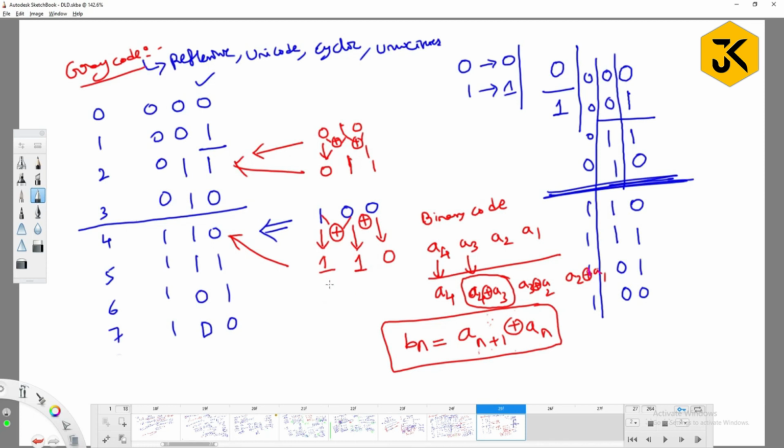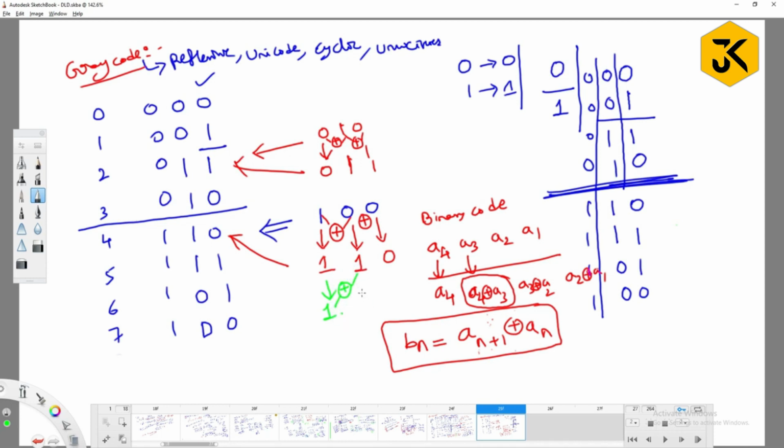We can do that. Try to observe. If I want to get the number, you can simply take the most significant bit 1 as it is, and perform XOR operation of the previous result with the current bit.